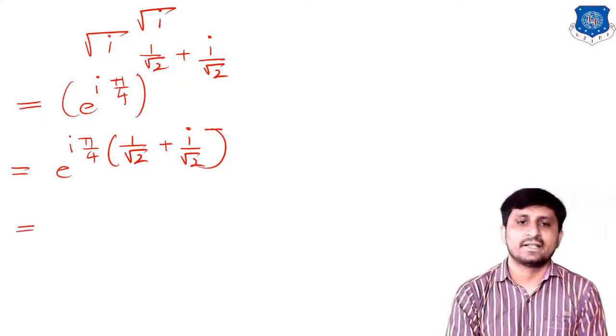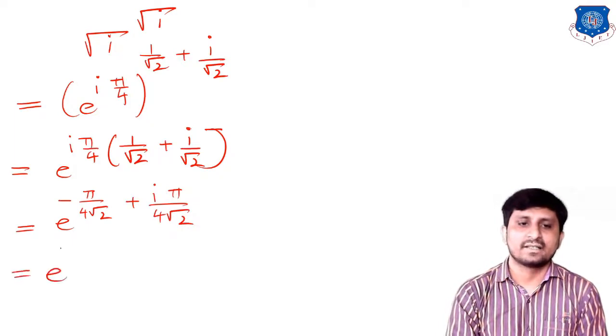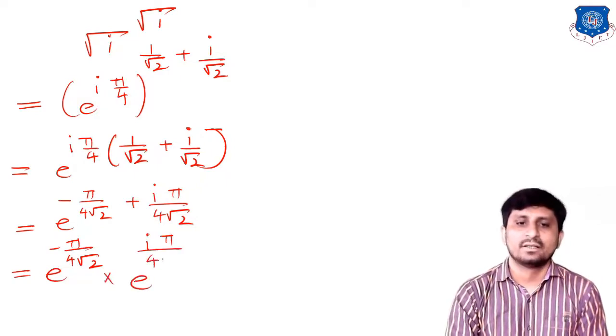So that can be written as, now i pi by 4 multiplied with i by root 2, so that can be written as e raised to i square is minus 1, so minus pi by 4 root 2, and this is plus i pi by 4 root 2. Okay, so now this can be written as e raised to minus pi by 4 root 2 into e raised to i pi by 4 root 2.